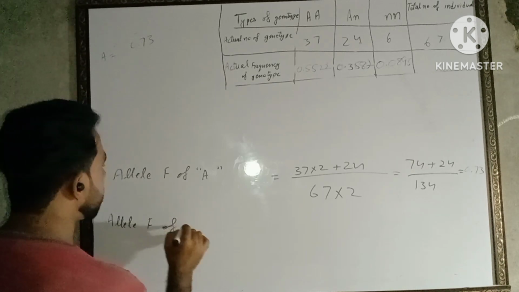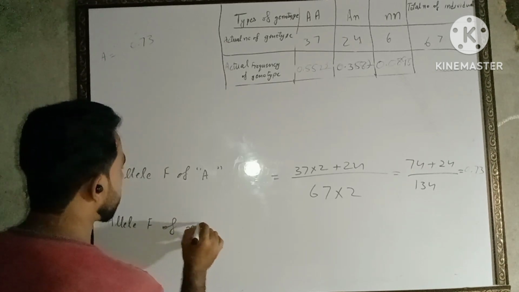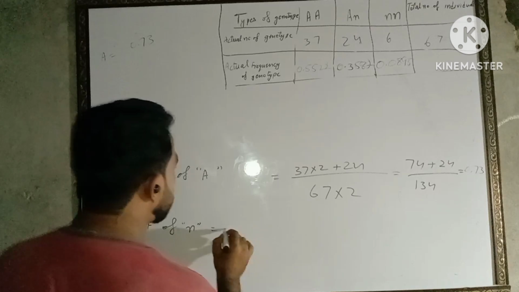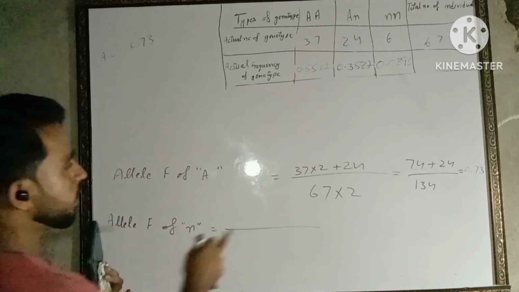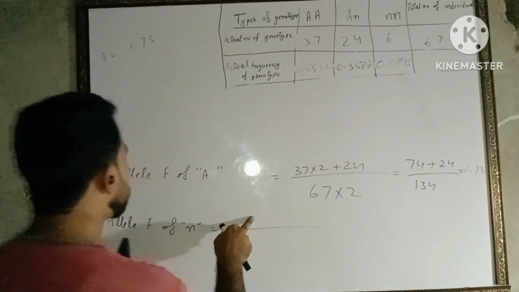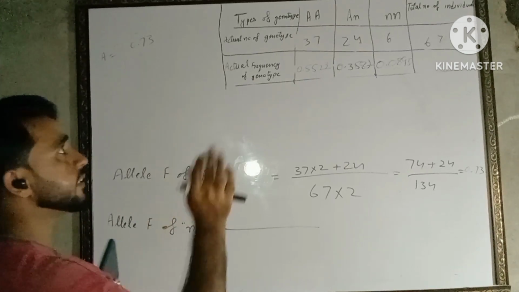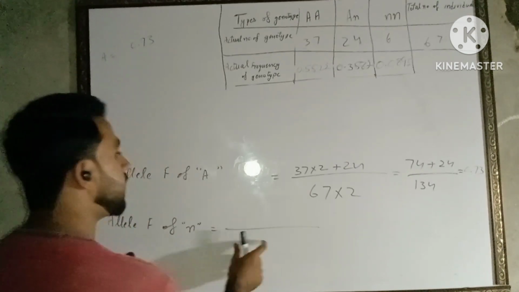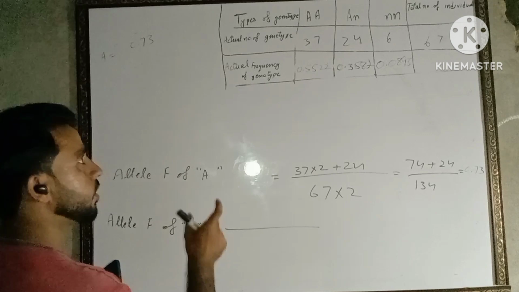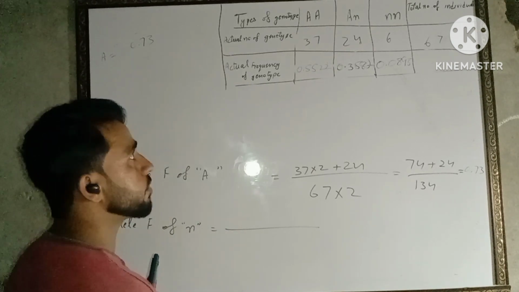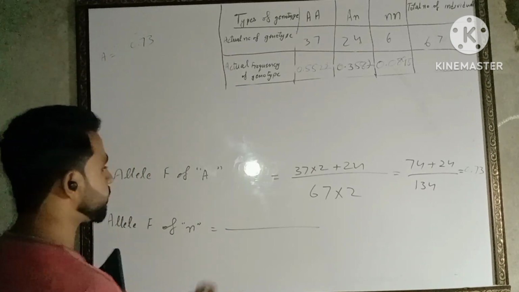Allele frequency of the N gene. Okay. Now on the upper side we will write the total number of N genes present in all individuals, and then we will divide by the total number of genes present in all individuals.